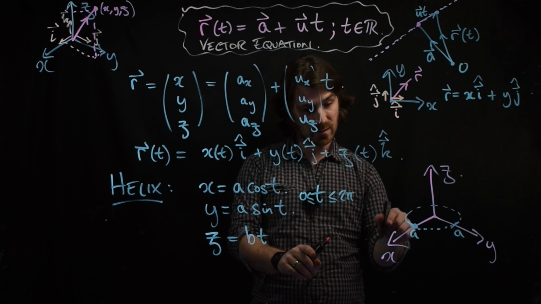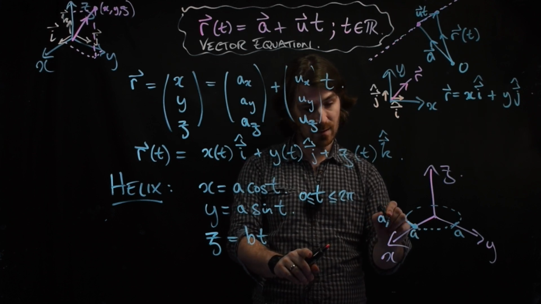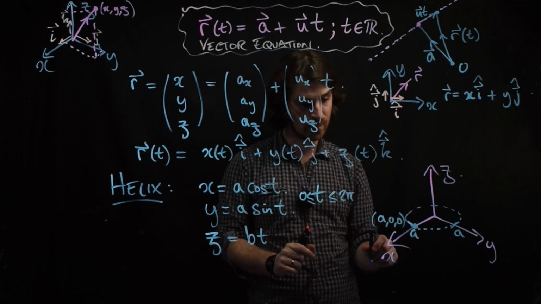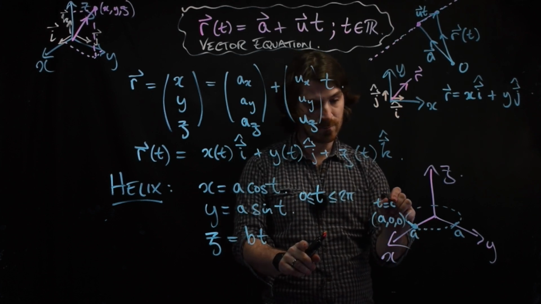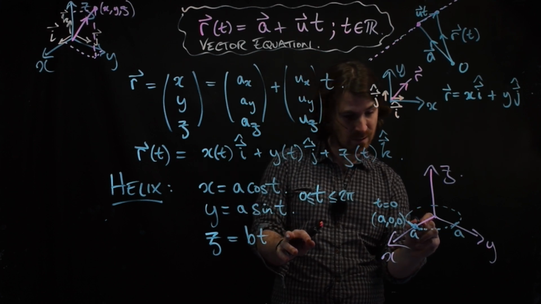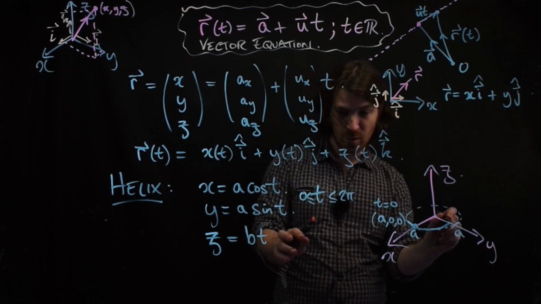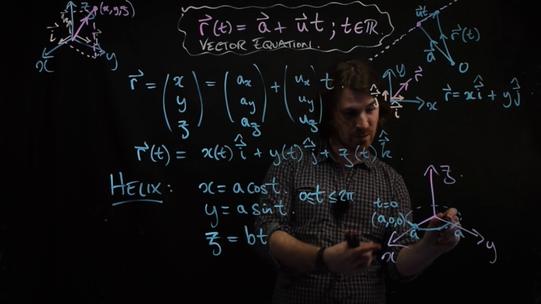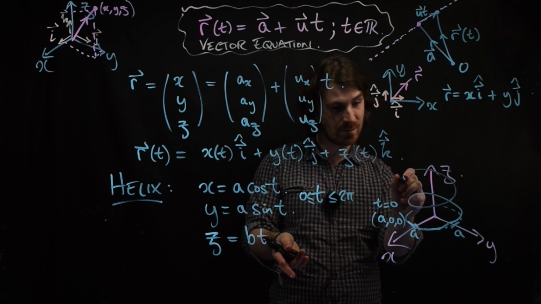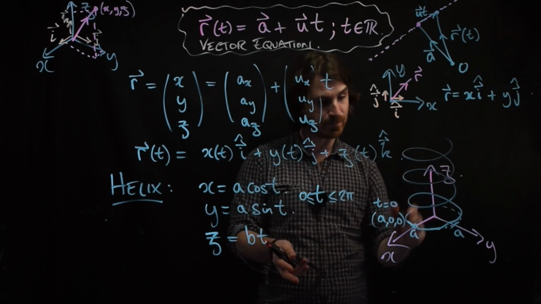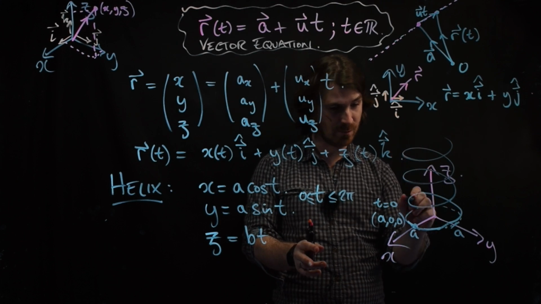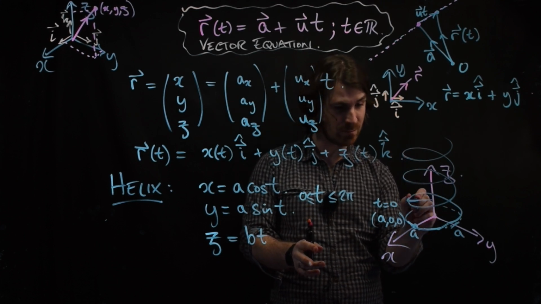So this is the point a, 0, 0. That's where you start at t equals 0. And then t increases and you rotate anti-clockwise around the axis, but this bt term takes you up higher. So as you go around, you lift. And there should be a fixed radius of radius a at all times.